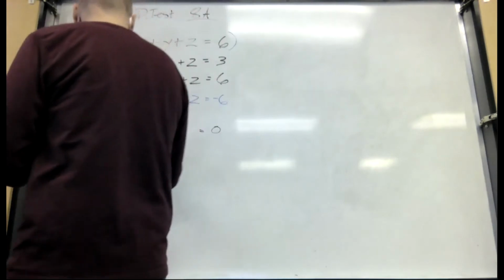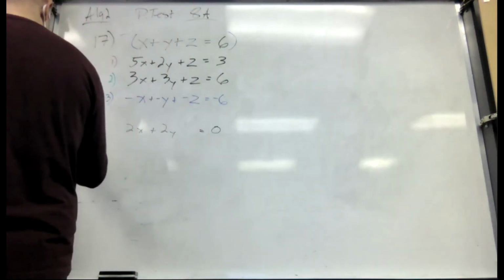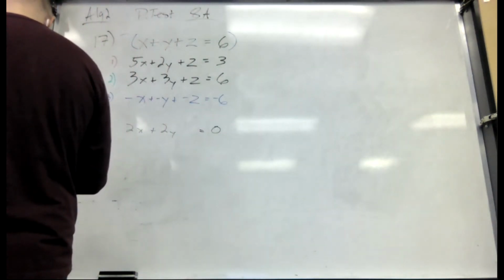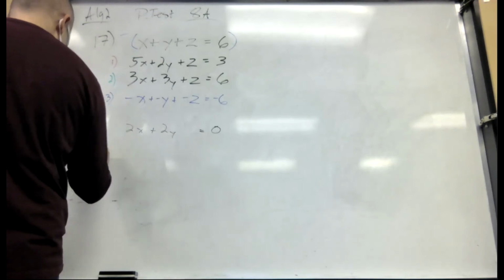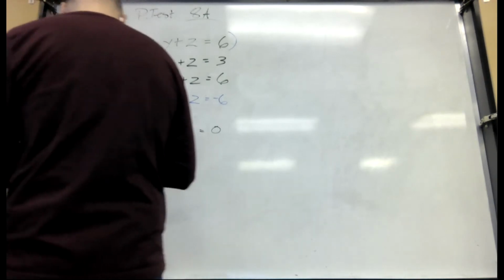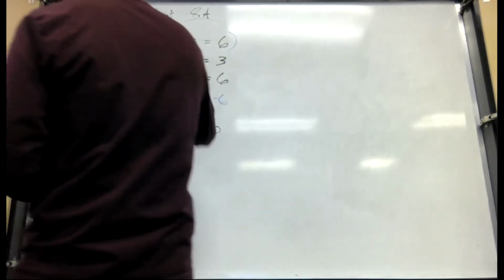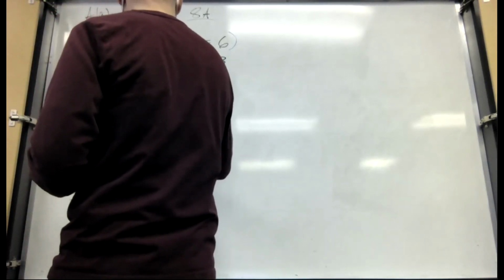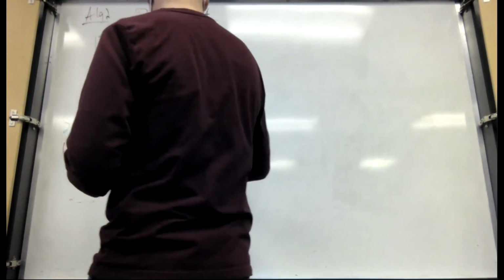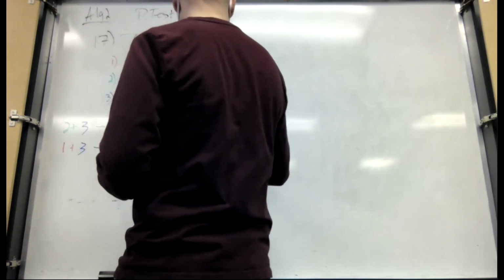So if I cancel z's in 2 different ways, then I have 2 equations with 2 variables. Okay, so 1 and 3 will equal 4x plus y equals negative 3.